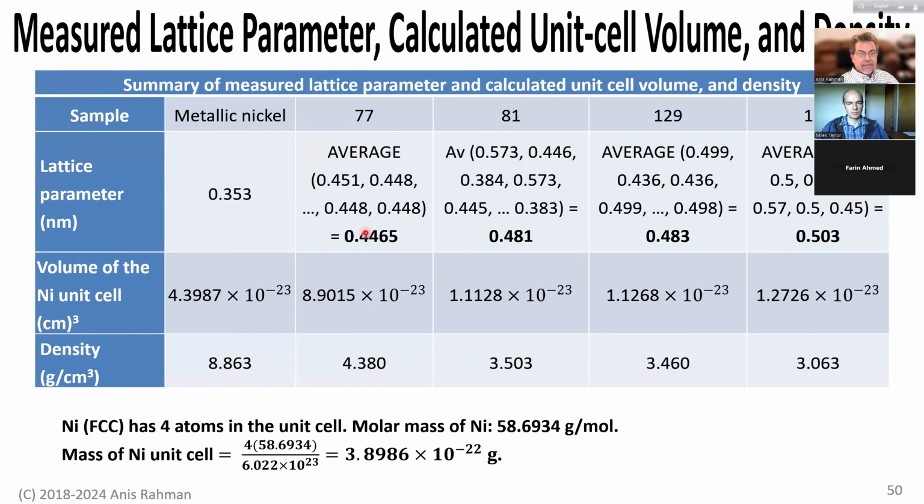But because of this lattice dilation, the density has decreased. Higher the electric stress, lower the density. So these are very important calculations that come in useful not only in this case, but in many, many other cases that can be done with this instrument.